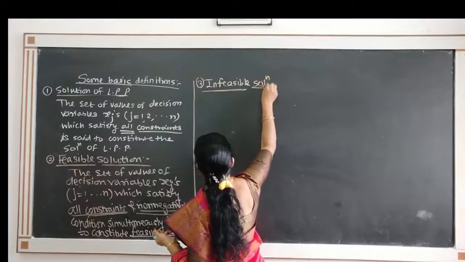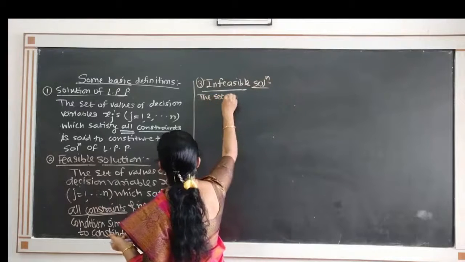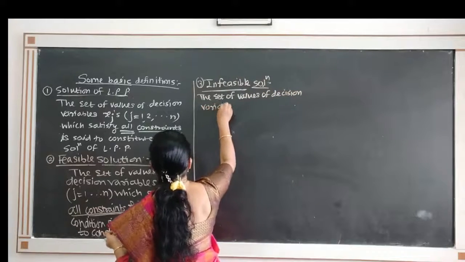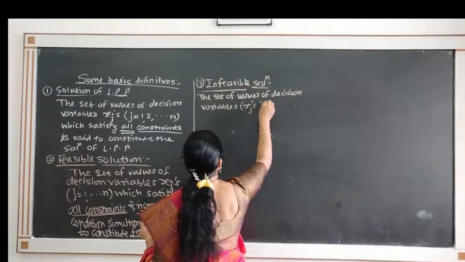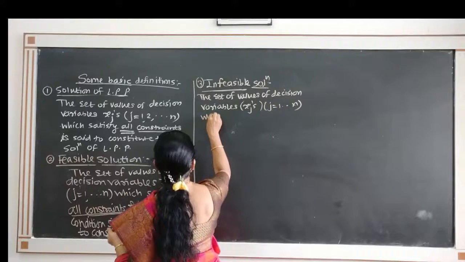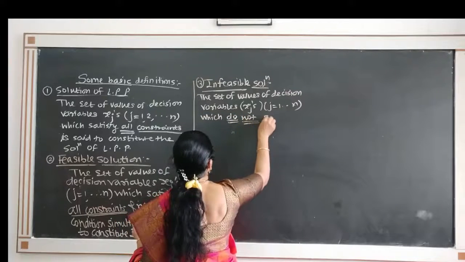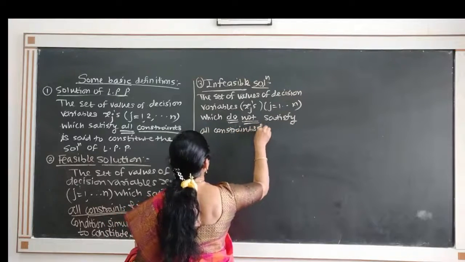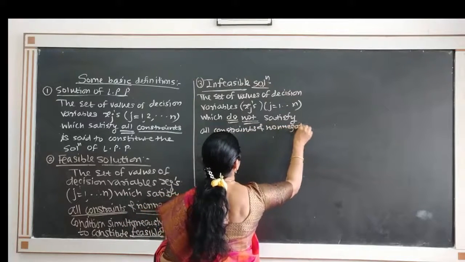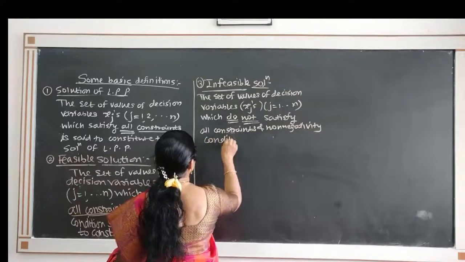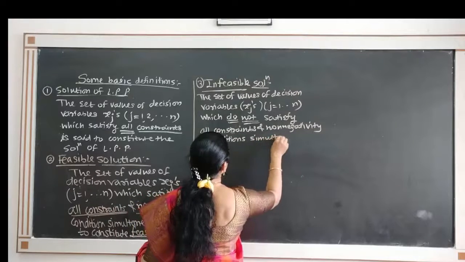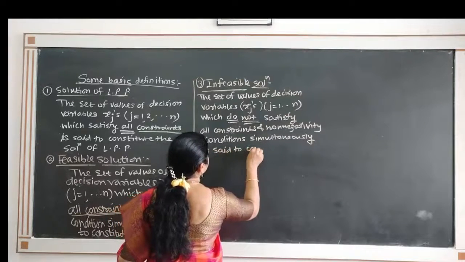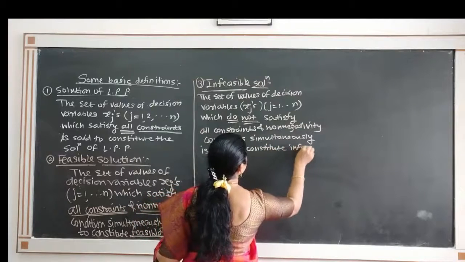Which is not feasible is infeasible, means that the set of values of decision variables xj's, j runs from 1 to n, which do not satisfy all constraints and non-negativity conditions simultaneously is said to constitute infeasible solution.